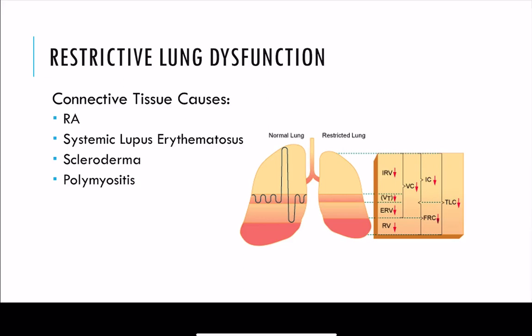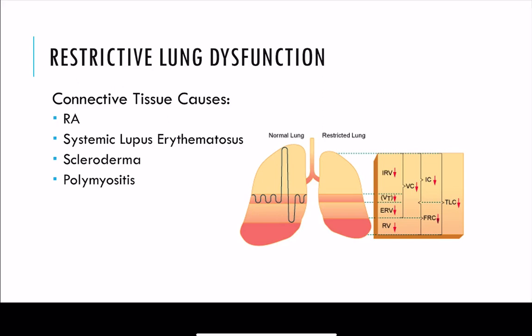A whole host of connective tissue disorders can affect the ability to stretch the chest wall. So rheumatoid arthritis has components of that systemic disease that can affect the lungs directly. But secondary to that, pain and stiffness of the chest wall can limit the functional capacity of the lungs.